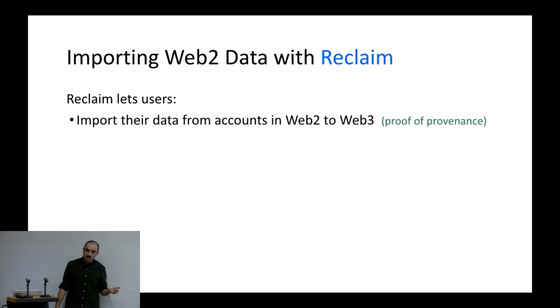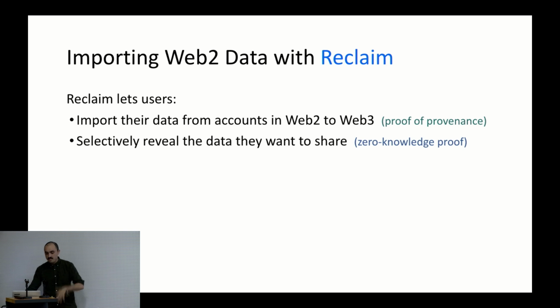And technology like the Reclaim protocol, I'll focus on this because that's what we know about, lets you provably import data from Web 2 to Web 3. This is the proof of provenance. So you want to show the provenance of your data. I actually received this data from my banking website or whatever. And then the zero knowledge proof part of it lets you selectively reveal portions of your data.